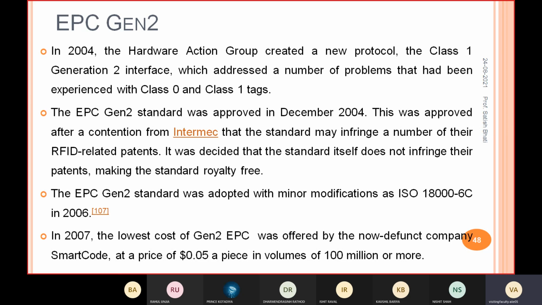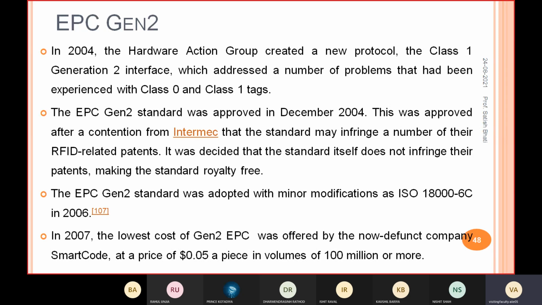Whenever something is invented and patented by some person, if you want to use it, you have to pay a royalty to that person. But this EPC Gen 2 was royalty free. Then the EPC Gen 2 standard was adopted with minor modification as ISO 18000-6C.